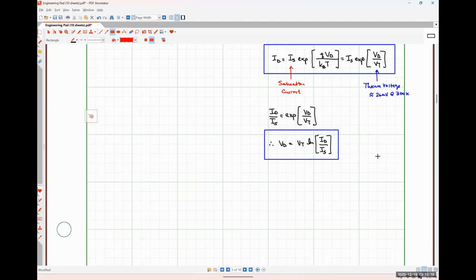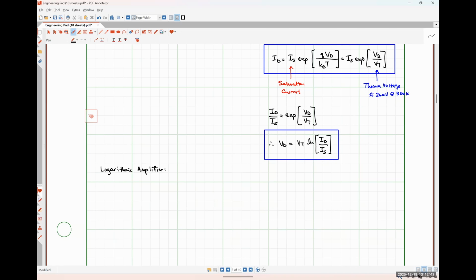All right. So let's introduce you guys to the logarithmic amplifier. Actually, that should be an I, not a Y. Okay.